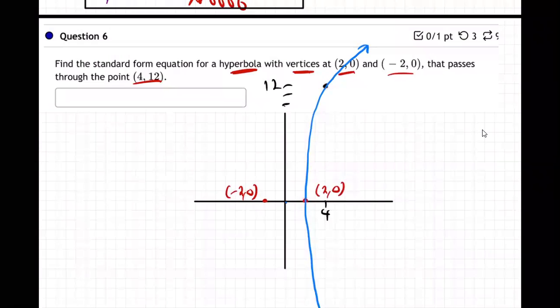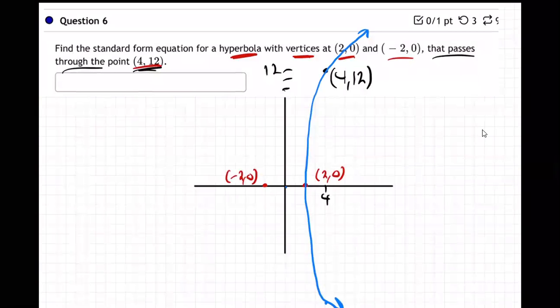This point is the point (4, 12), which it says it passes through. Over 4, up 12. And then of course, there's going to be the same branch over here, like that. So there's the general look of our hyperbola.